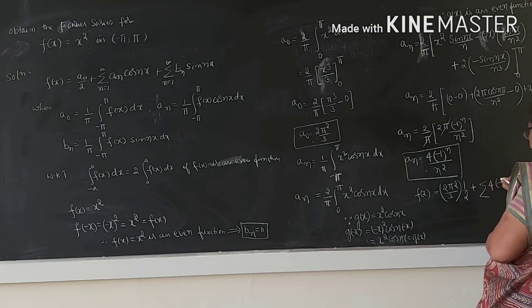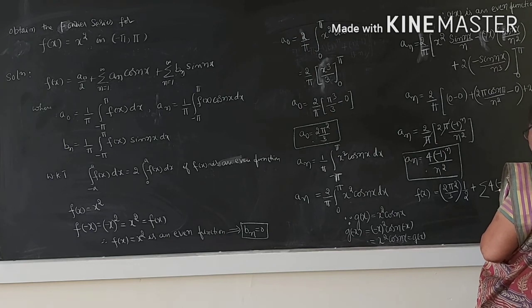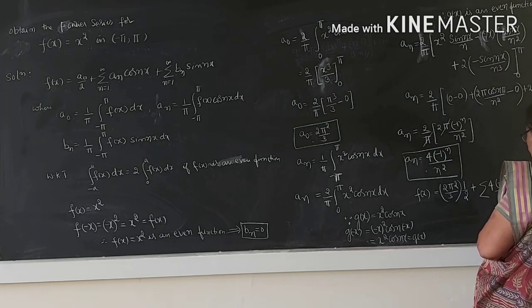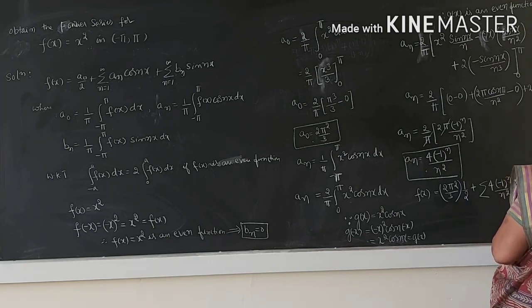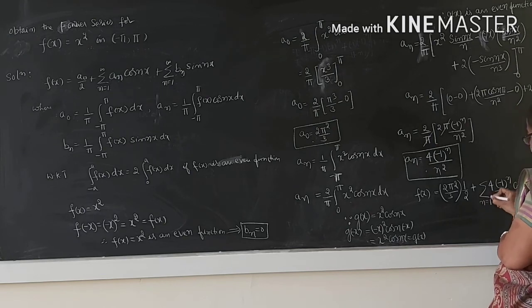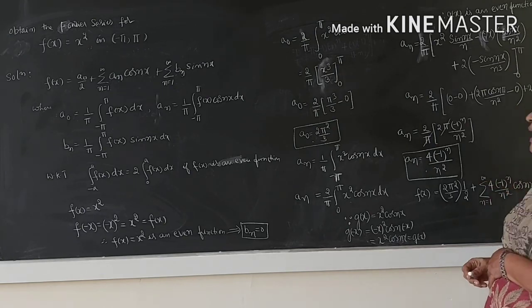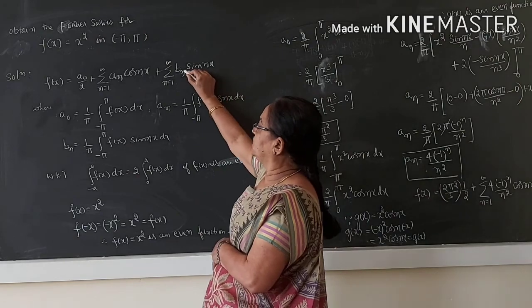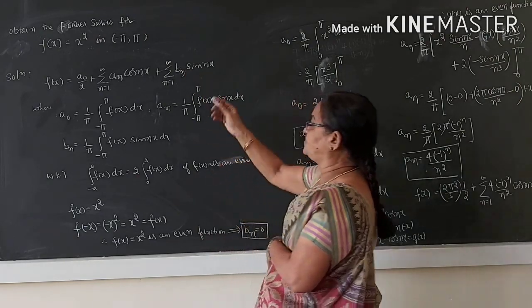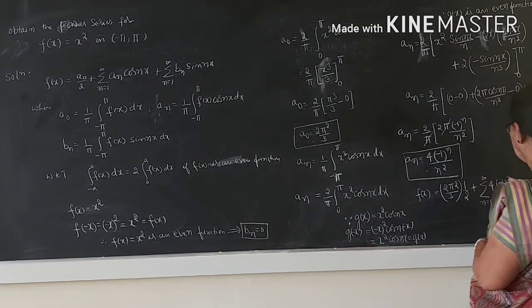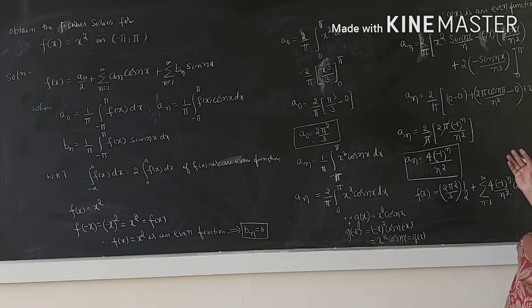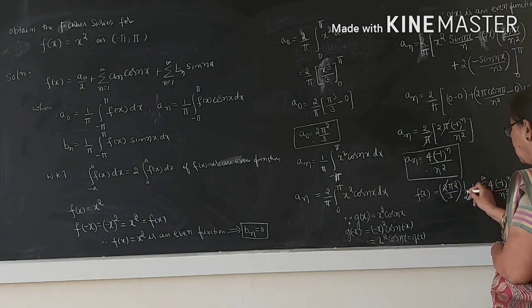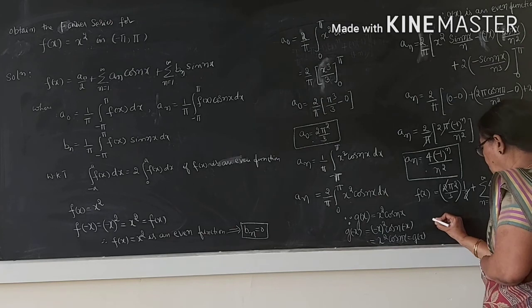It is 4 into minus 1 whole to the power of n by n square into cos nx, where the value of n ranges from 1 to infinity. I am not writing this bn since bn value is 0, 0 into anything is 0. If we add 0 to this term, it will not alter, it will remain as it is.